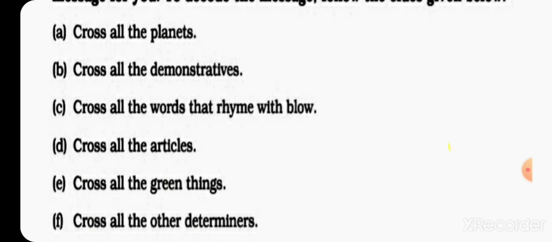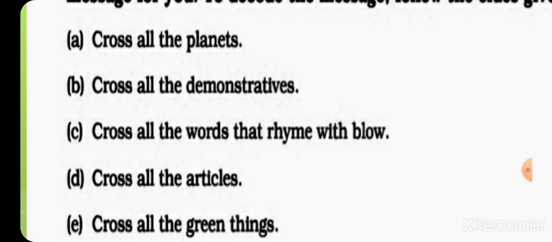So what are these? First one is cross all the planets. Part B, cross all the demonstratives, means this, that, these, those. Then cross all the words that rhyme with blow, or we can say rhyming words. Then cross all the articles.